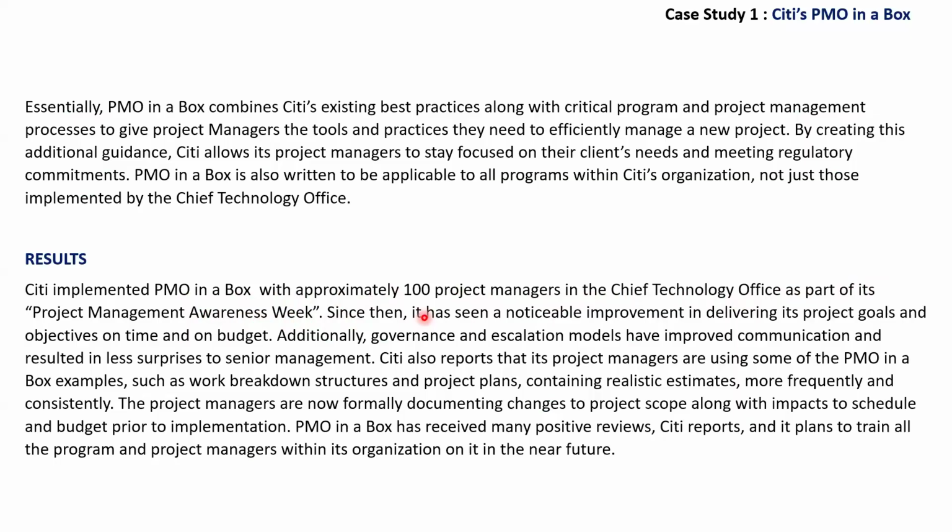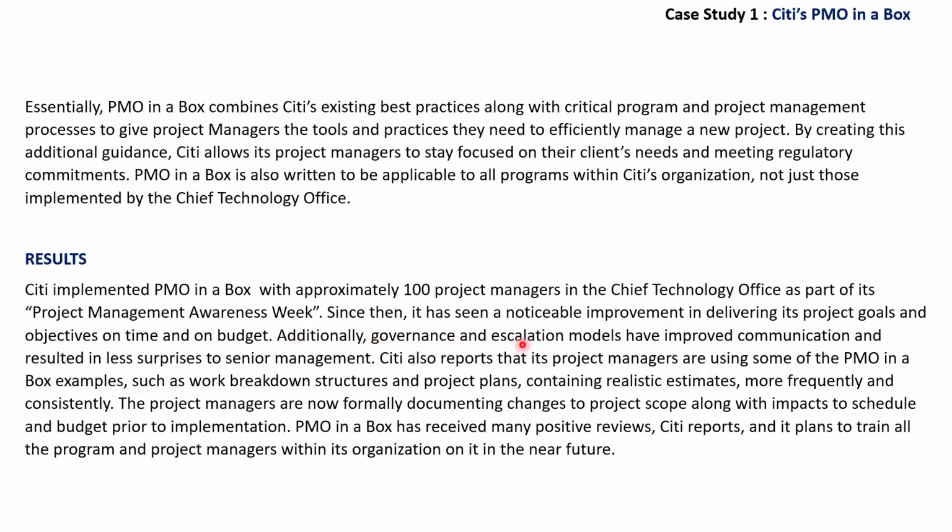So they had a project management awareness week. To develop this particular manual, they got the support of 100 project managers in their chief technology office, because they are familiar with what they have done so far. And it has seen a noticeable improvement in delivering its project goals and objectives on time and on budget.